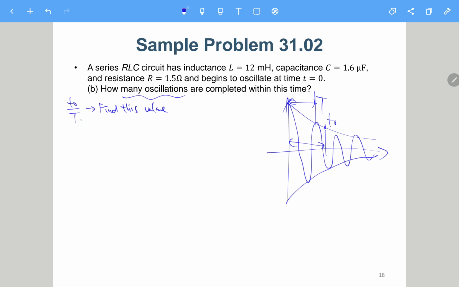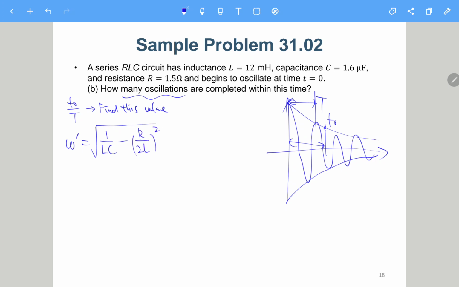Of course, this T is related to omega prime, so let's calculate omega prime first. Omega prime is the square root of 1 over LC minus the quantity R over 2L squared.